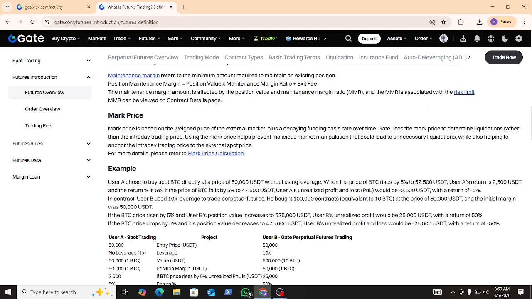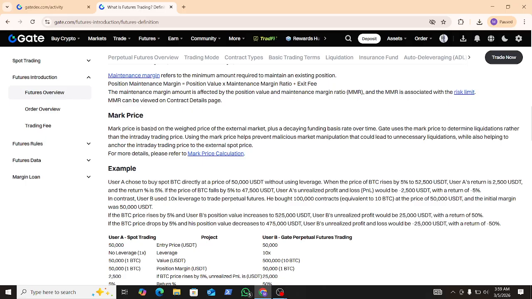Here is an example. User A chooses to buy spot BTC directly at a price of 50,000 USDT without using leverage. When the price of BTC rises by 5% to 52,500 USDT, user A's return is 2,500 USDT and the return percent is 5%.